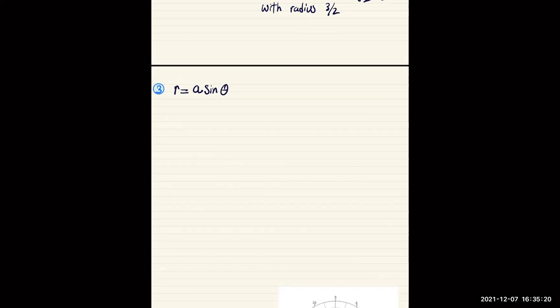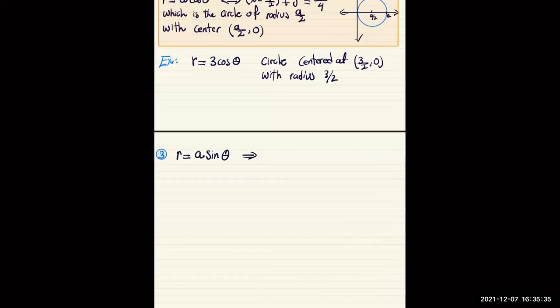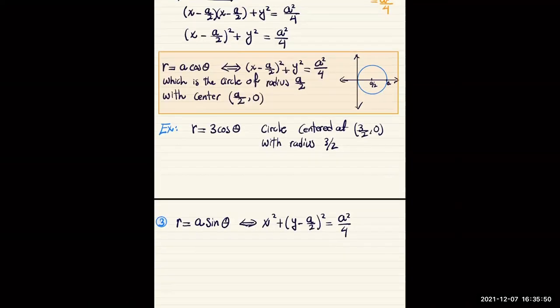I want you to prove that, and I'll show you how to begin the proof. This is x squared plus y minus a over 2 squared equal to a squared over 4. So just like what we had here, this is a shift on x, this is a shift on y.